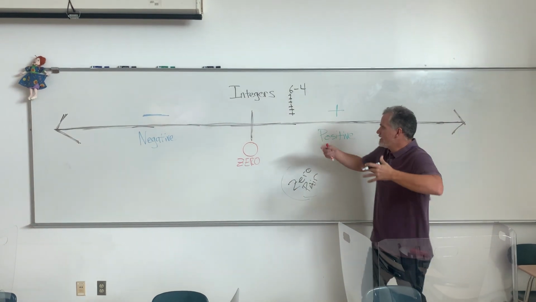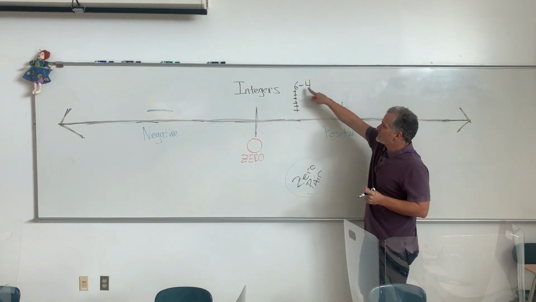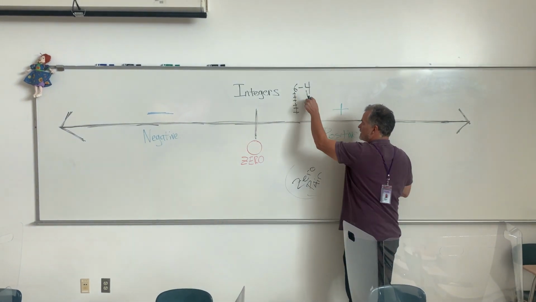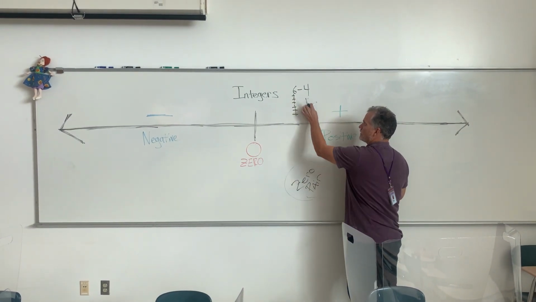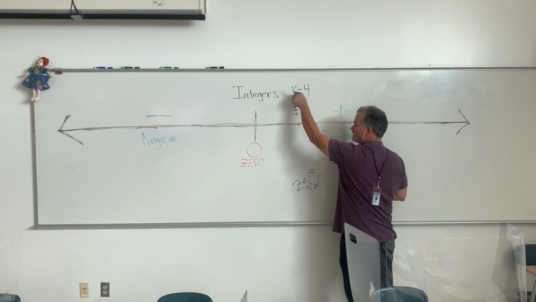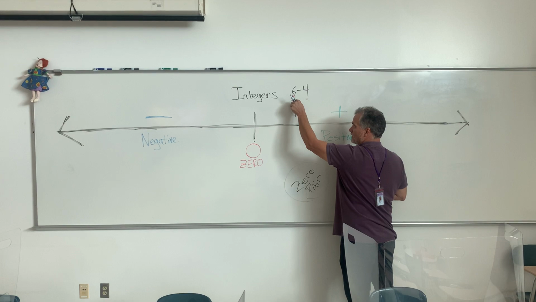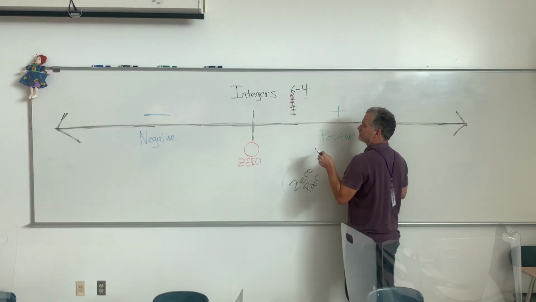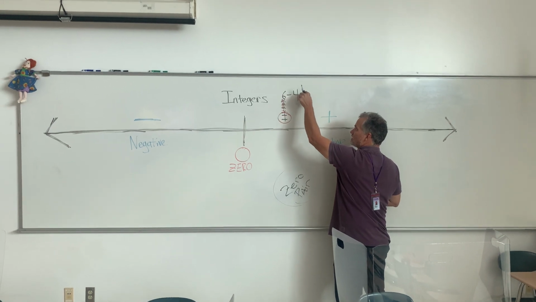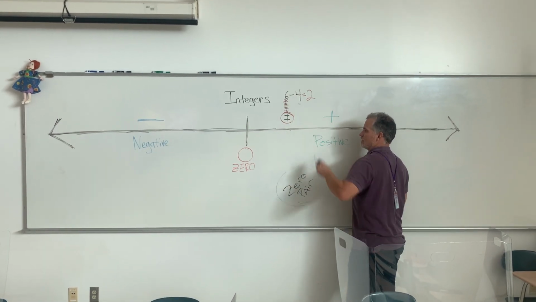Cool. I just need to remove 4 positives. So this says I want to take 4 positives and I want to remove them. So I just come over here and I identify 4 positives. 1, 2, 3, 4. This is all that I'm left with. So now I know that 6 minus 4 is just equal to 2.